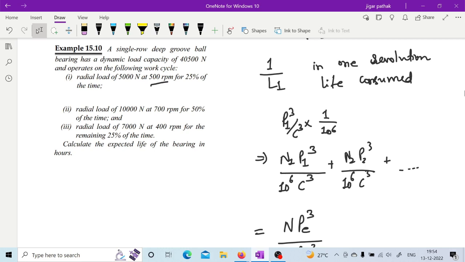From that you need to come up with the equivalent load, so that you can first calculate the millions of revolutions, the equivalent life. And once you calculate that, you can calculate it in hours by that relation, right? L10h is equal to 60 n L10 divided by 10⁶.